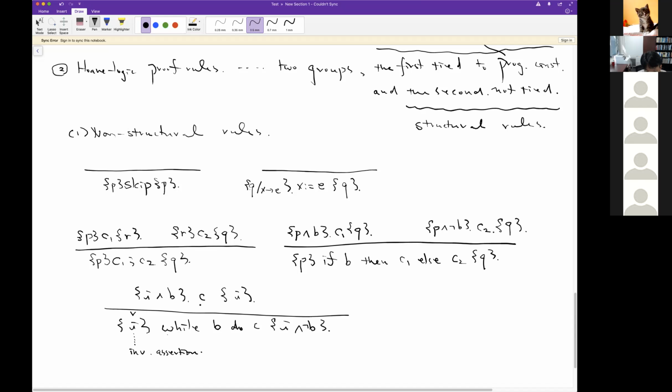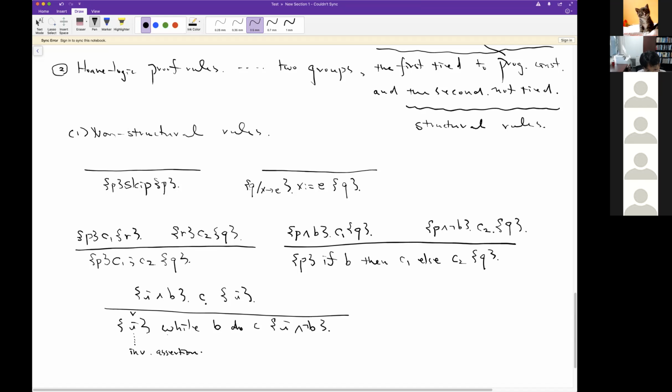But because the body will always run under the condition B, we only run the body of the loop when we enter the loop, so the loop condition B. So C has to establish the invariant I under the assumption about pre-states, which is the invariant I is true, and Boolean B is true. The loop condition is also true.